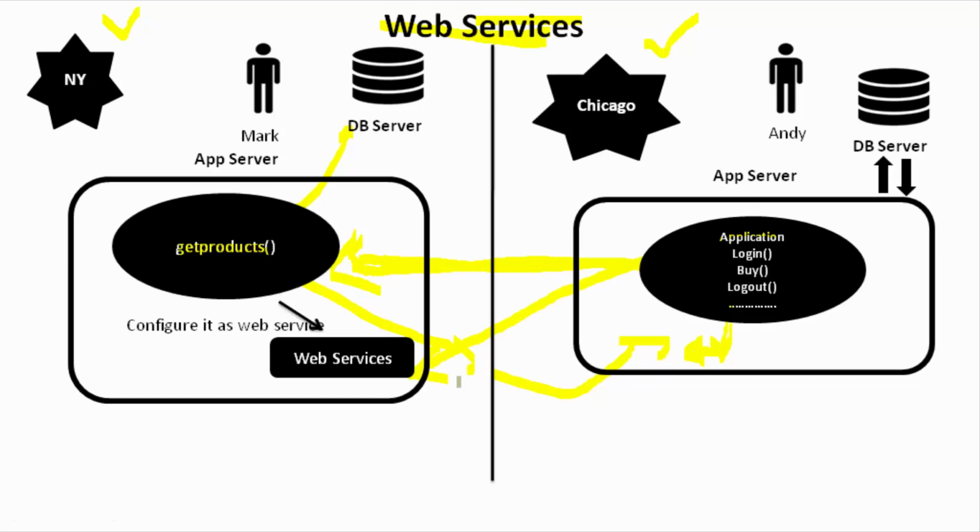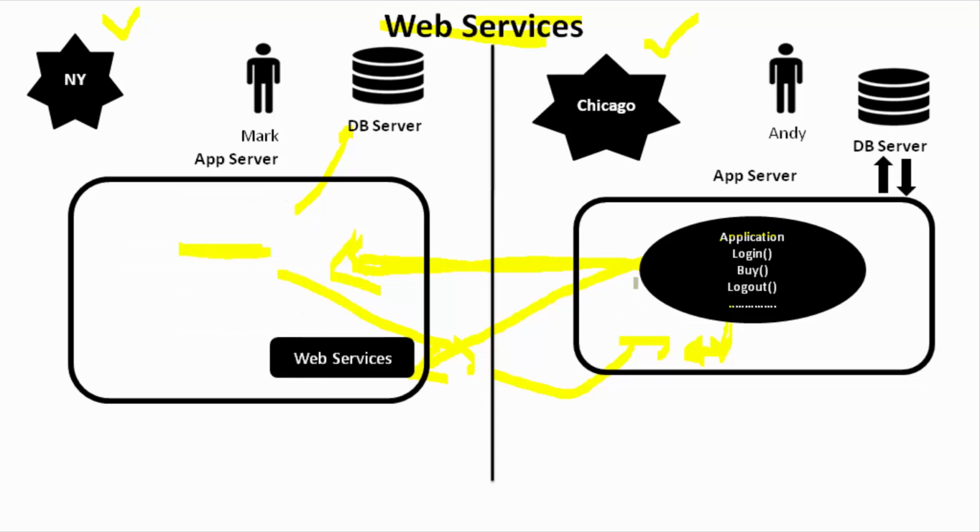If it was not configured as a web service, you cannot make a direct call to this instance. It is not possible. So if you configure this piece of code as a web service, Andy's application can make a call to it directly, and that can be done using these web services.